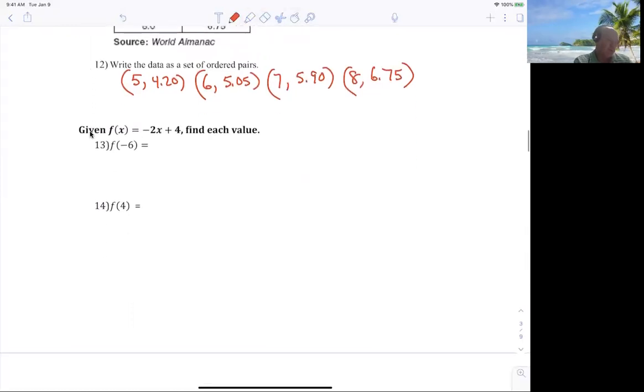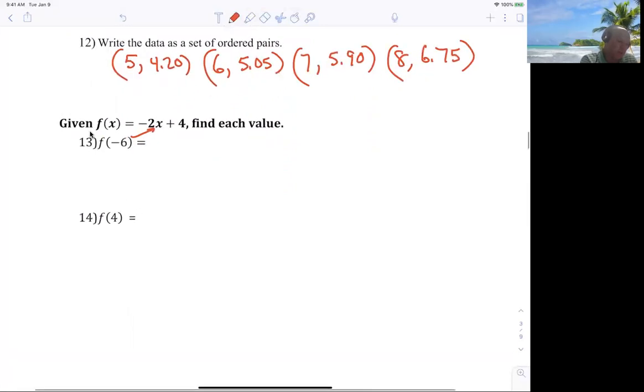All right, for 13 now, remember you got to plug -6 in for x. So we say f of -6 is -2 times -6 plus 4. -2 times -6 is 12 plus 4, 16. So we say f of -6 is equal to 16.